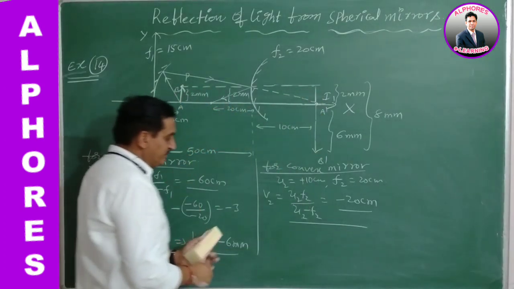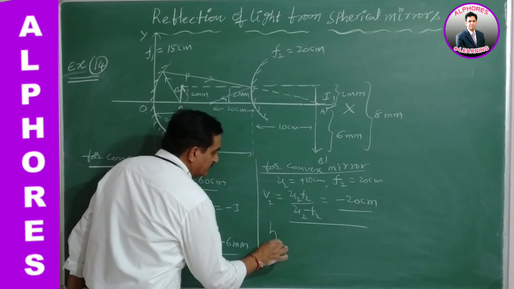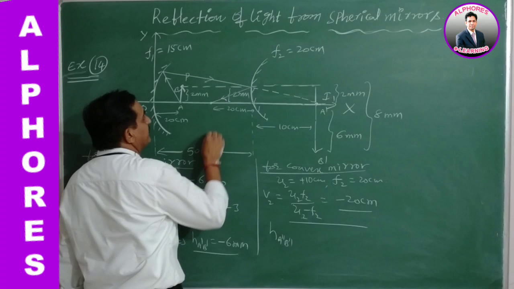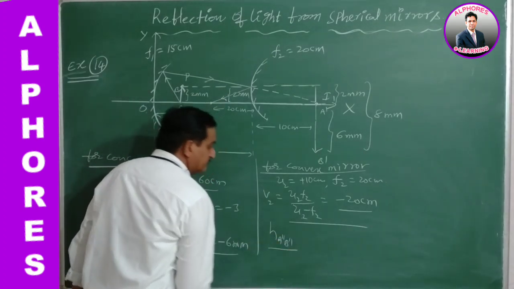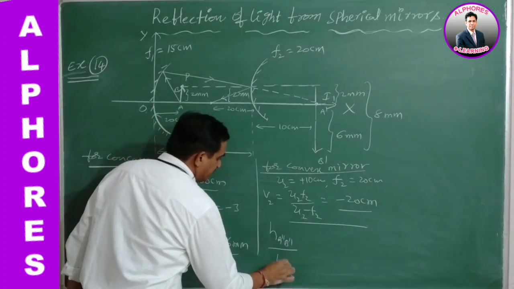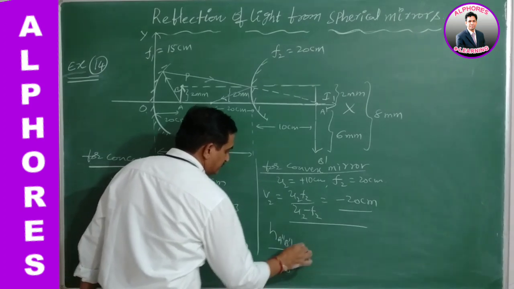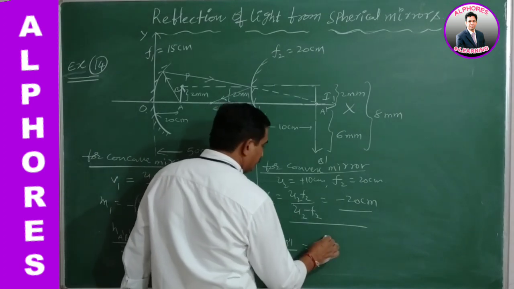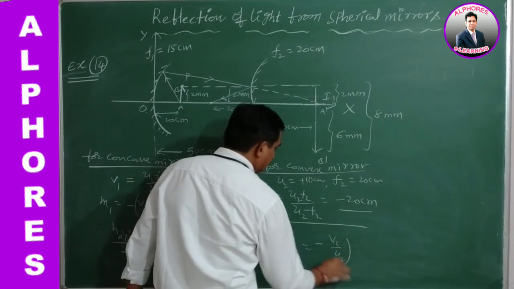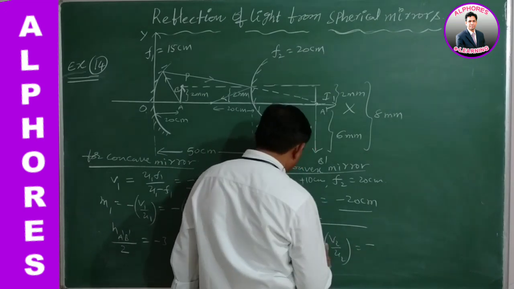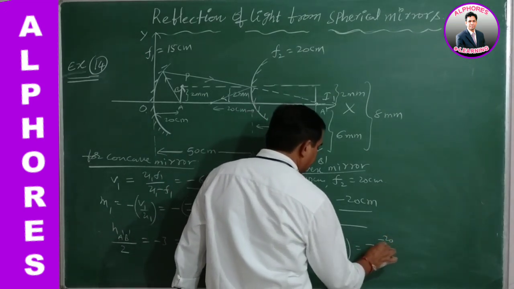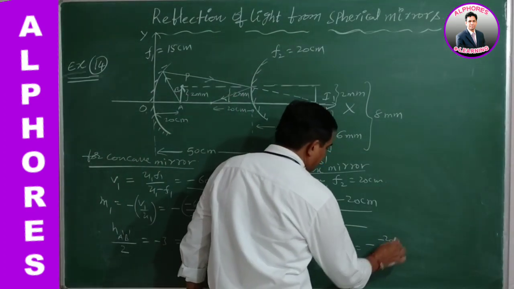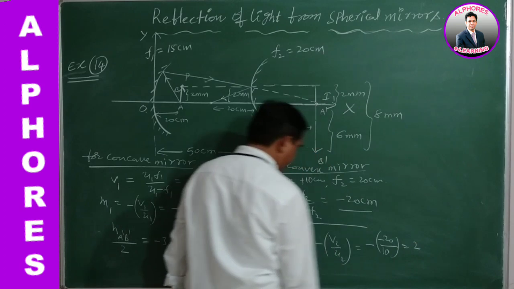Therefore, 8 millimeters. Now go for H A double dash B double dash. Here, H A double dash B double dash by H A dash B dash is equal to minus V2 by U2, which gives us minus 20 by U2. U2 is 10, so 20 by 10 gives 2.